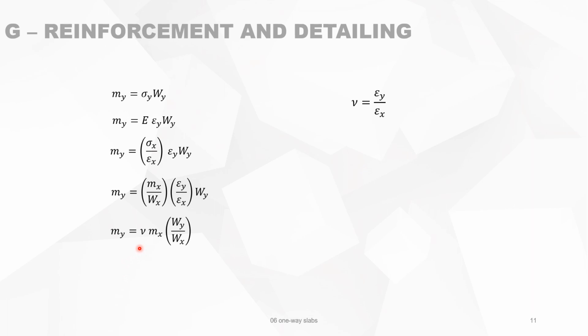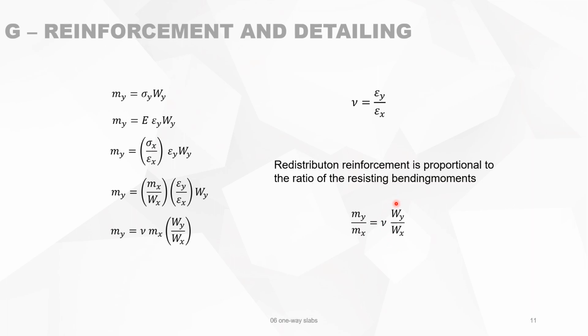So if we introduce this, we know that the proportion of the bending moments is equal to the proportion of the resisting bending moments. It means that the redistribution reinforcement, this is the secondary reinforcement of bending moment, and this is the first, is proportional to the ratio of the resisting bending moments.